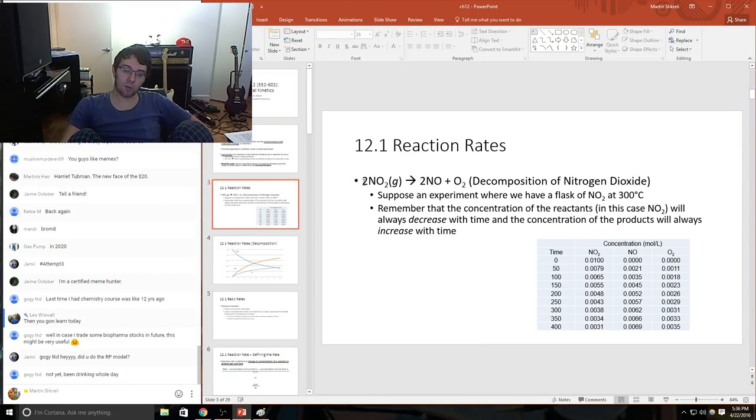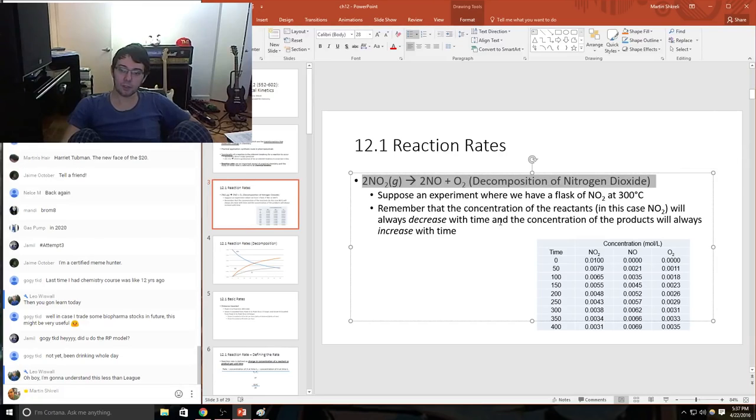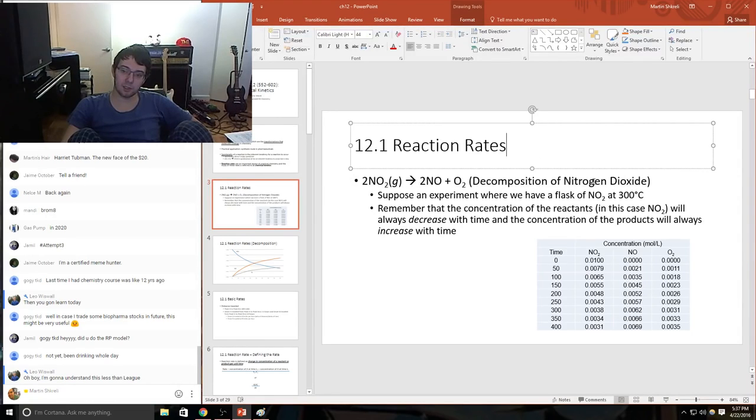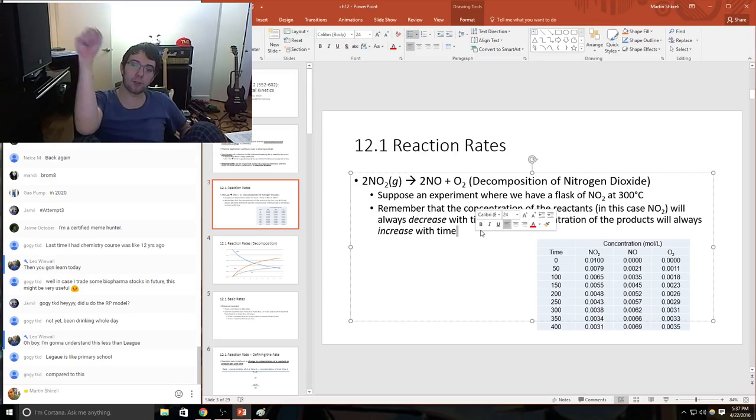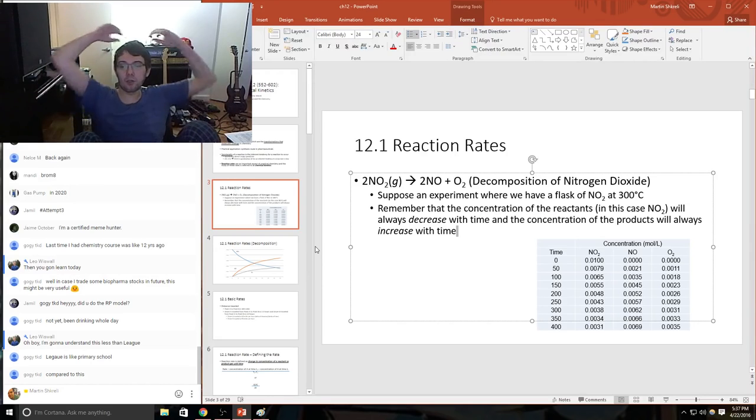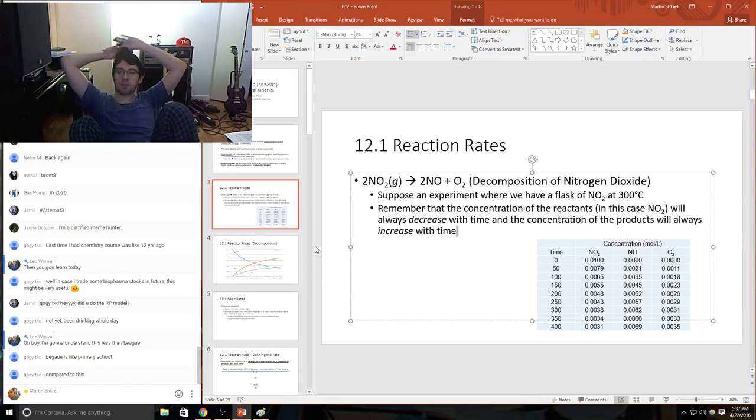So let's talk about one specific reaction. Here we have two molecules of nitrogen dioxide that decompose into two molecules of nitric oxide and diatomic oxygen gas. Nitrogen dioxide, if you're not familiar with it, is a little bit like carbon dioxide, except instead of a carbon, it's a nitrogen, and it's a brownish gas normally. So let's say we had a flask of this brownish gas, and it was at 300 degrees Celsius, so it was pretty high temperature.